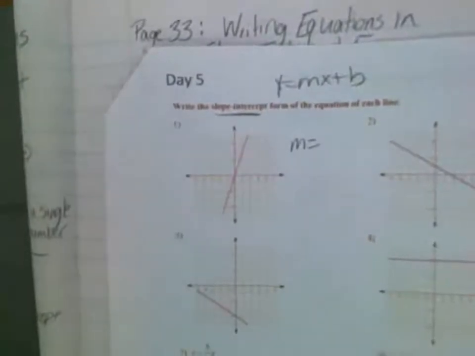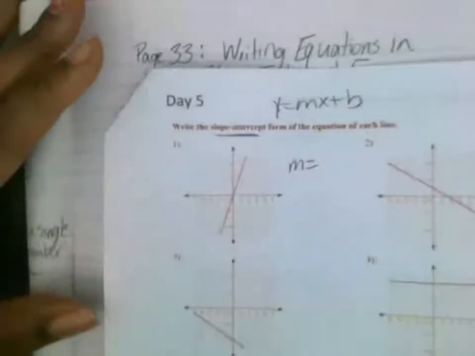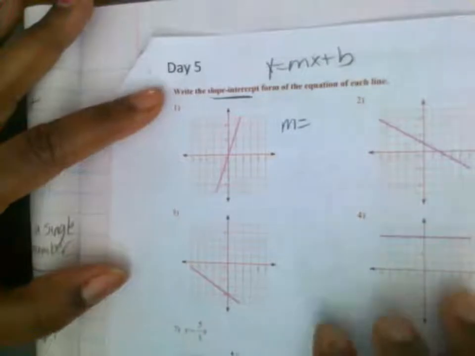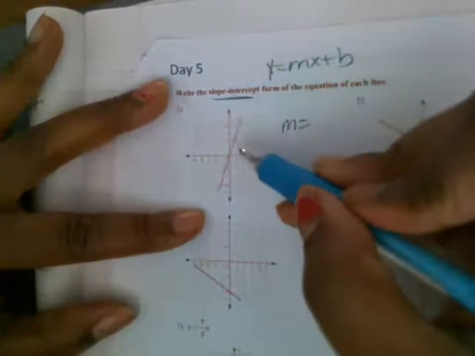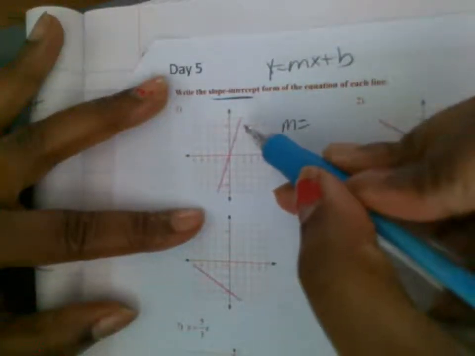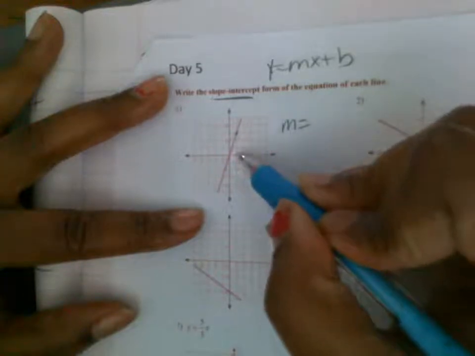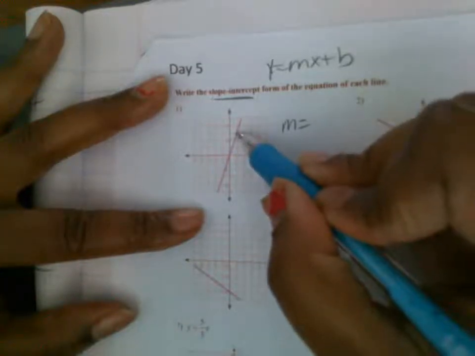I'm trying to zoom in a little bit. Okay, so here, the 2 points, I can read this point right here, which is positive 1 and 3.